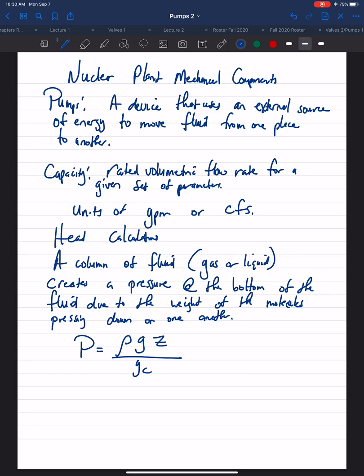So we gave an example of how to convert 1 foot of water into units of pounds force per square inch, PSI.